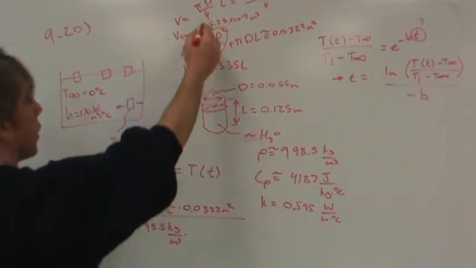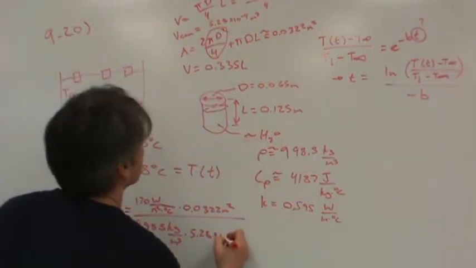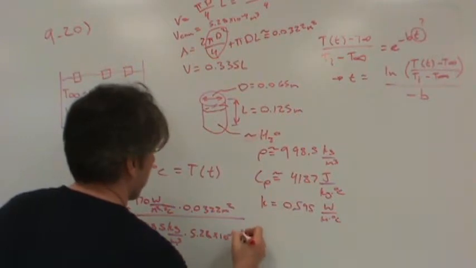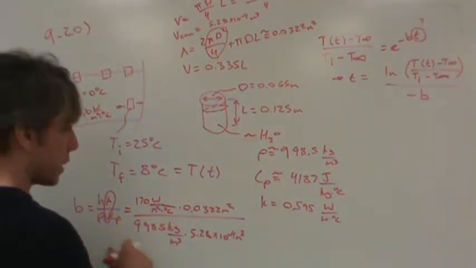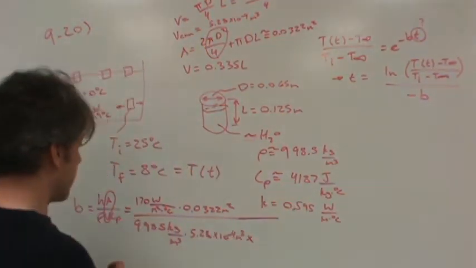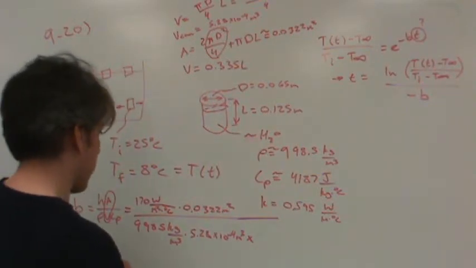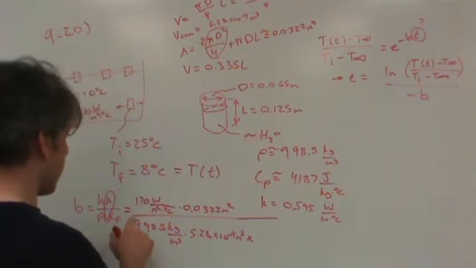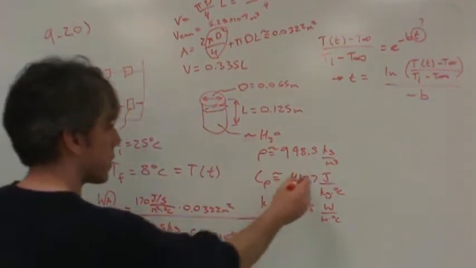Now if we use this volume instead, 5.28 times 10 to the negative 4th cubic meters. And then the heat capacity I have here is in joules, but it may be beneficial to write in kilojoules. No, we've got watts here, and a watt is a joule per second. So I guess I'll leave this in joules.